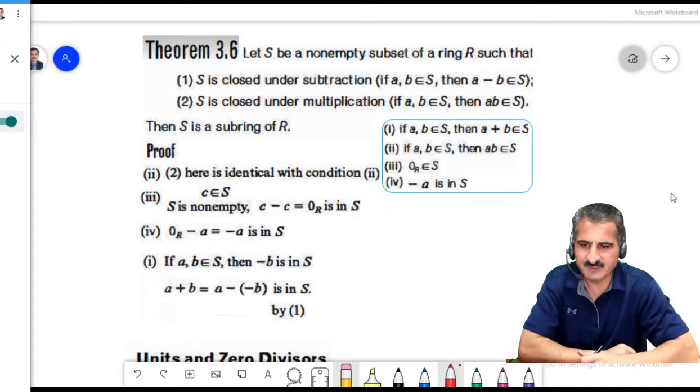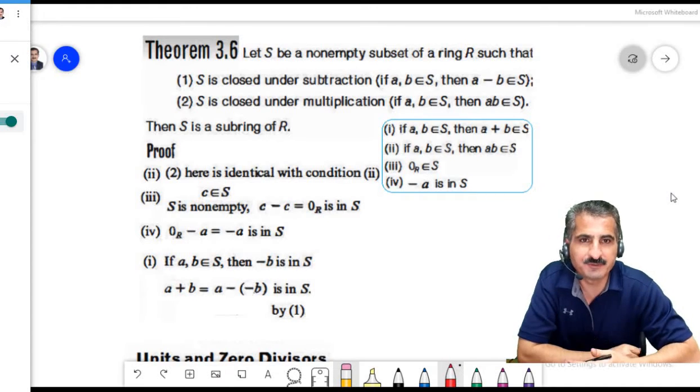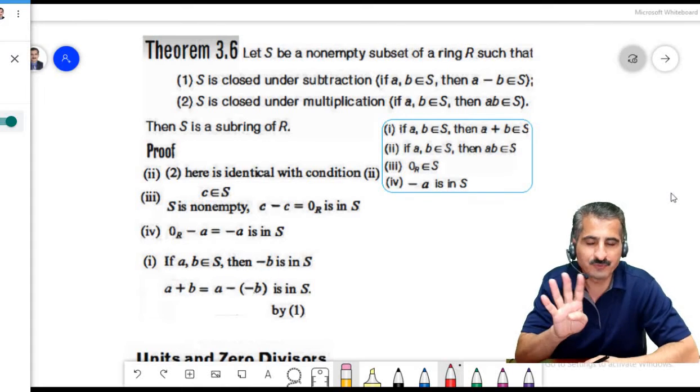Now we have seen what a subring means. We defined a subring already, right? It has 4 conditions.